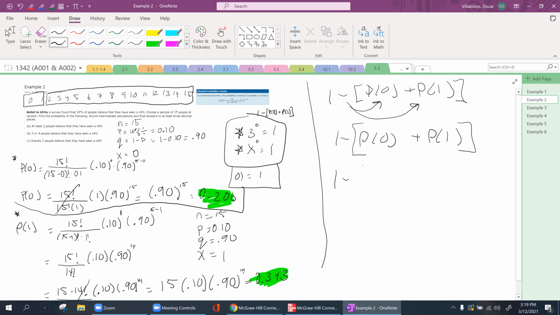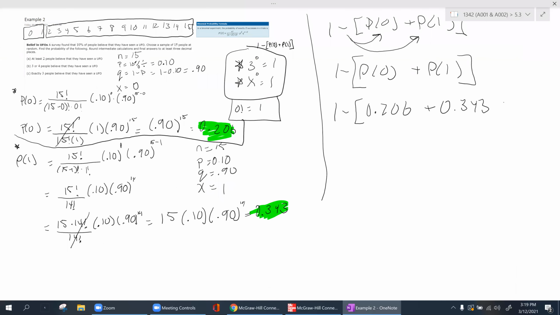So let's add these up. This is 0.206 plus 0.343. This is 1 minus 0.206 plus 0.343.